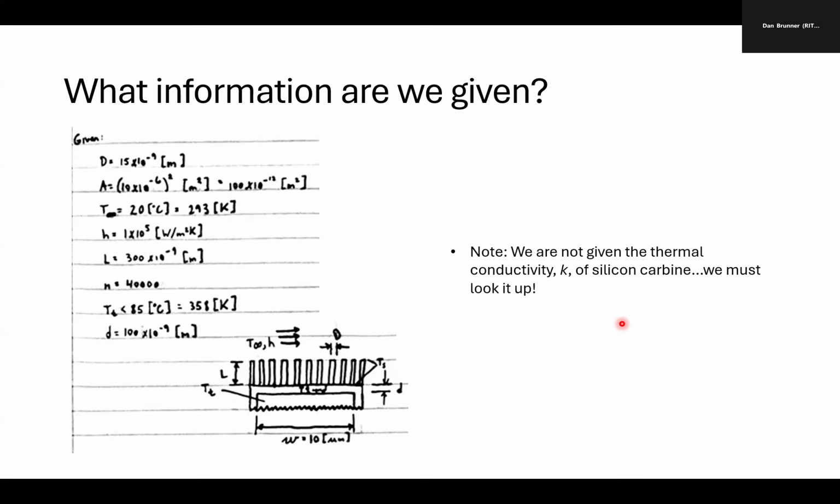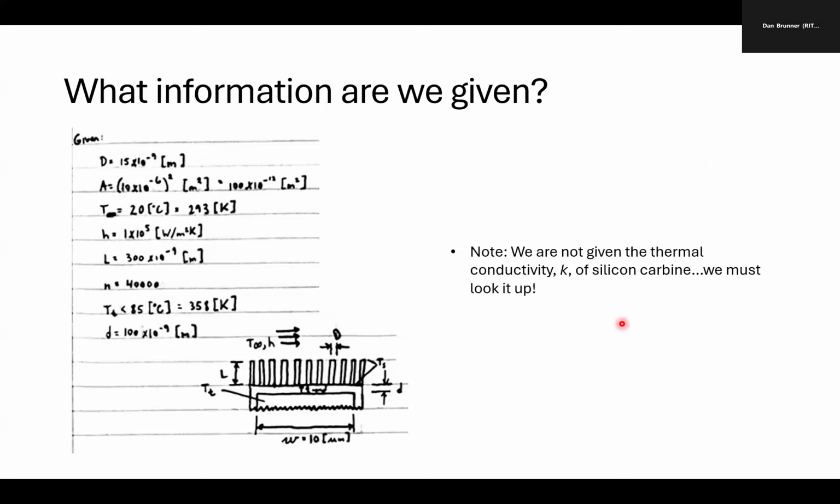Our ambient temperature is 293 Kelvin. We have a convection coefficient of 1 times 10 to the fifth watts per meter squared Kelvin. The length of each fin is 300 nanometers. And we have these fins creating an array that consists of 40,000 fins.